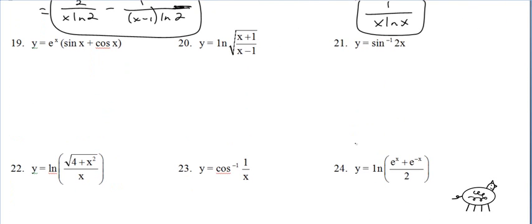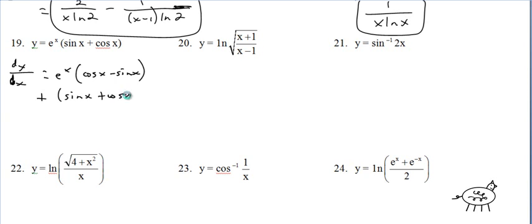All right, let's look at 19. This is just going to be basically, let's write dy dx. Just going to be the product rule. Okay, so it's going to be the first times root of the second. And that's just going to be cosine of x minus sine of x plus the second times root of the first.